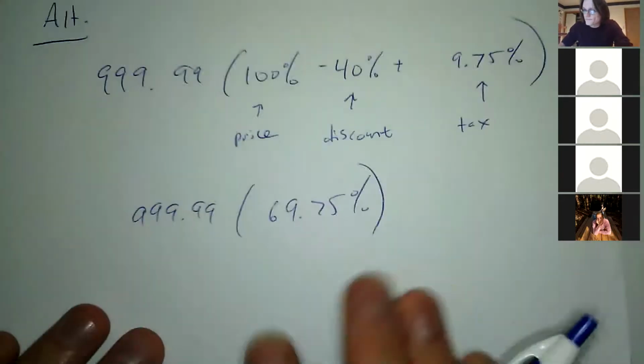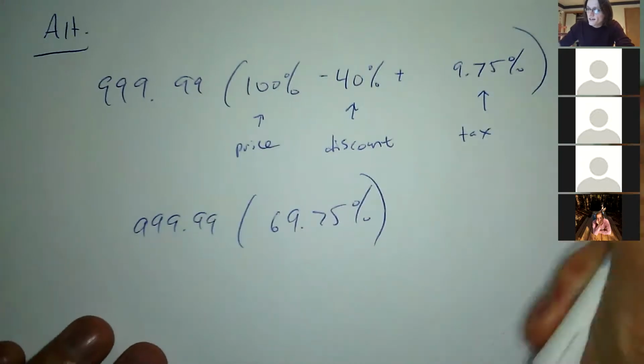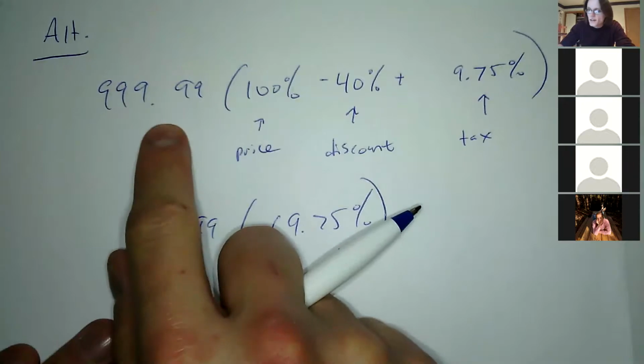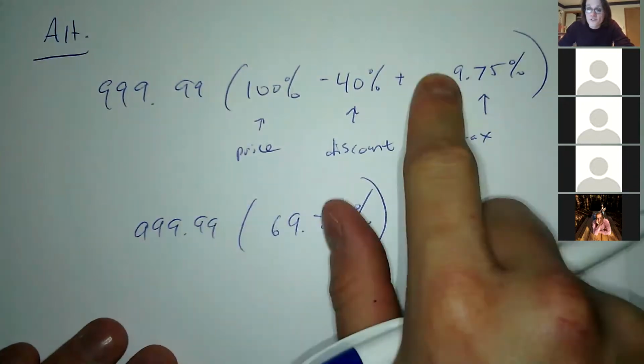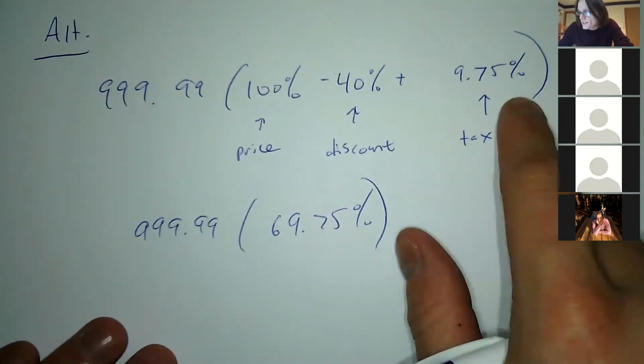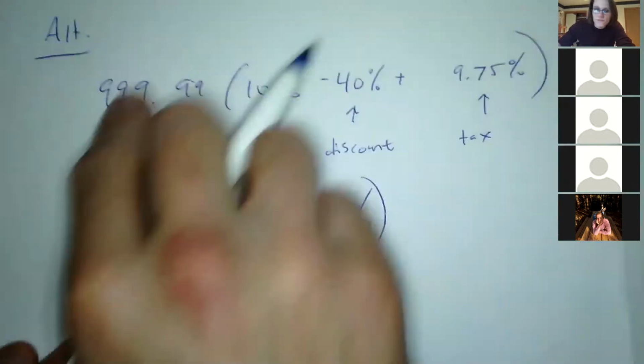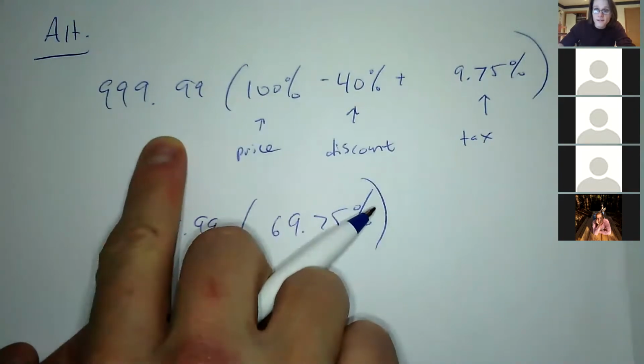Here, the tax, the discount, and the price are referencing the whole. So when I try to do it as one step like this, the tax is referencing 9% or whatever of the whole 999.